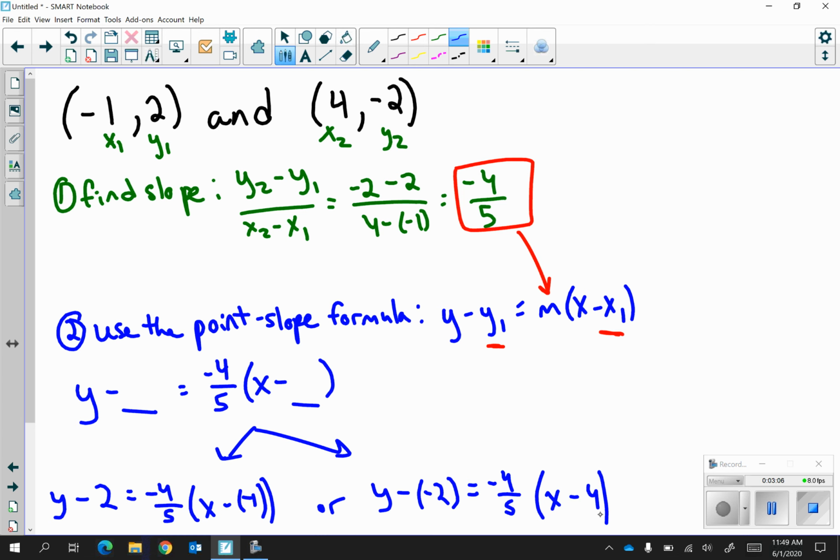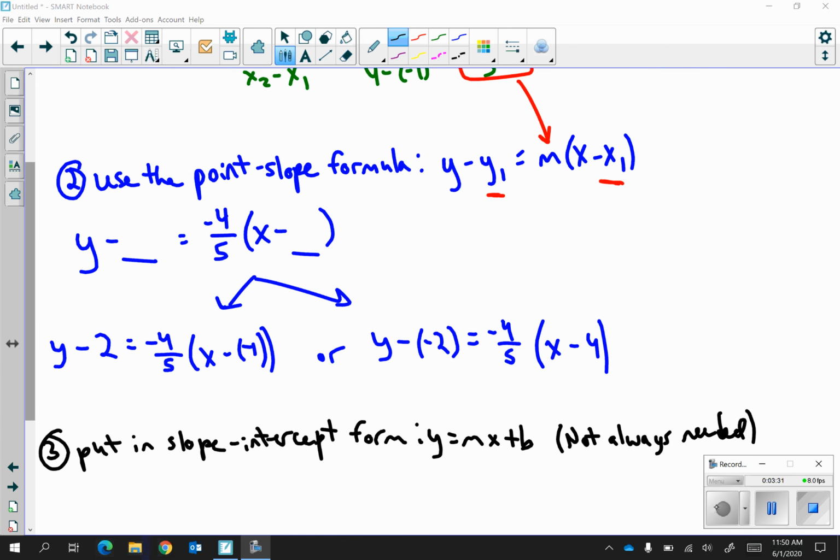Now, these solutions are correct if they ask you for an equation. They are not correct if they specifically ask you for an equation in slope-intercept form. So when they're saying slope-intercept form, they want the format of y equals mx plus b. So you have to be careful of what the question is asking you.